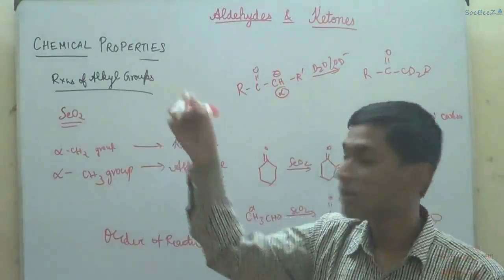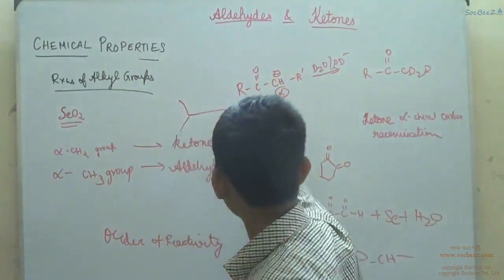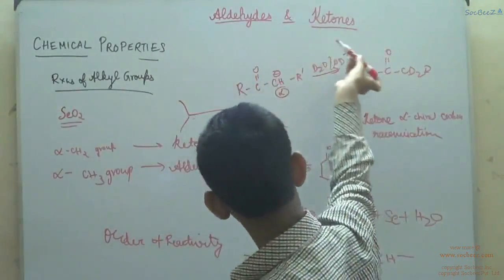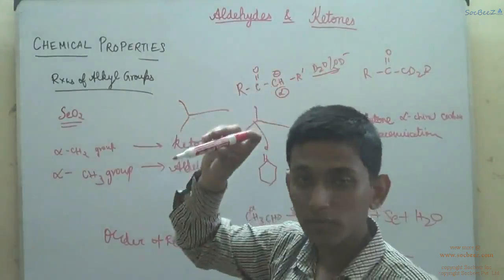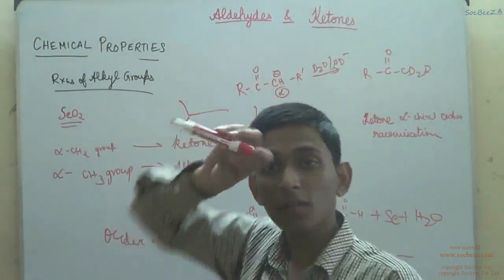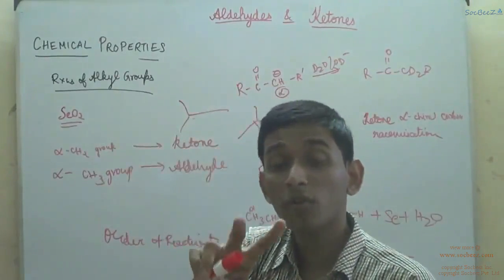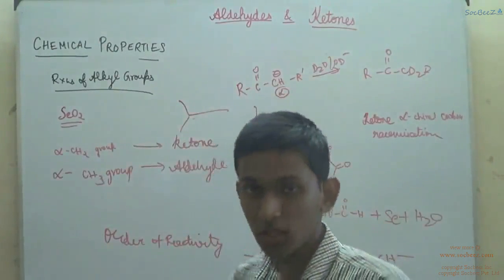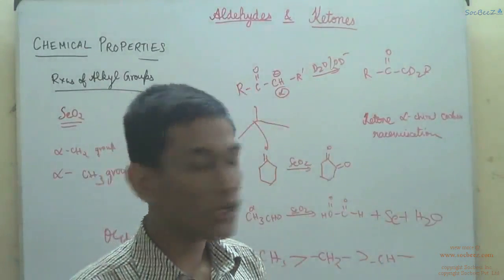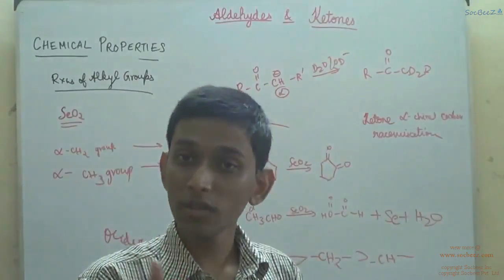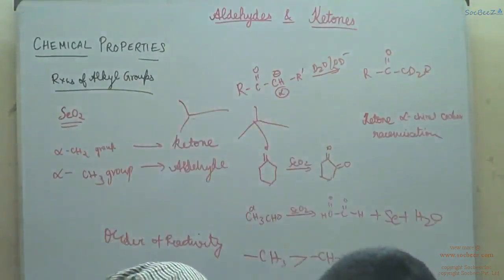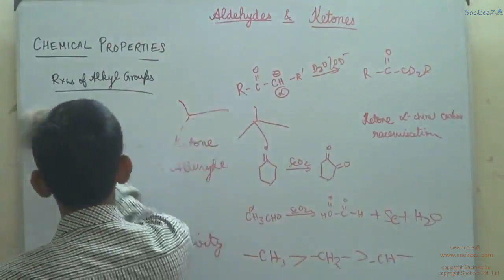The tetrahedral shape becomes planar, and then it may pick up a hydrogen atom from the solution, either coming from this side or from the back. Since it can pick up from any direction, a racemic mixture is formed. So ketones having an active alpha chiral carbon generally exist as a racemic mixture in solution. Okay. That's the principle of deuterium exchange also.